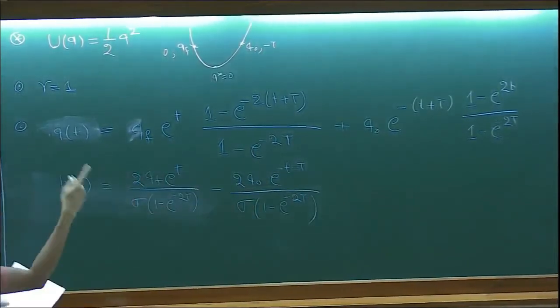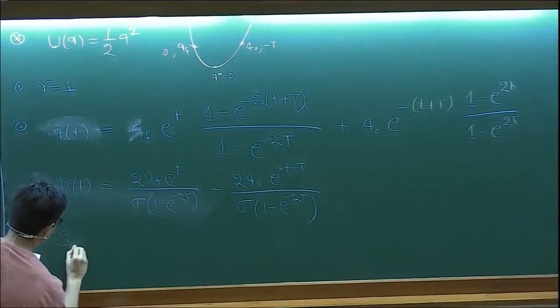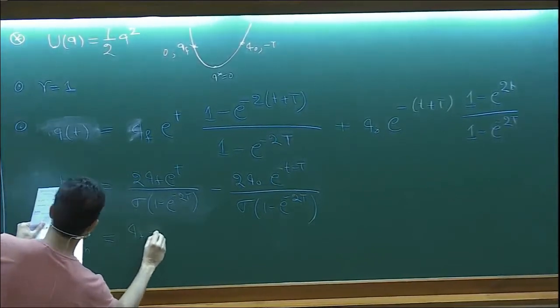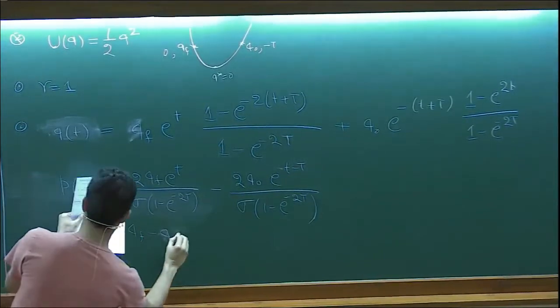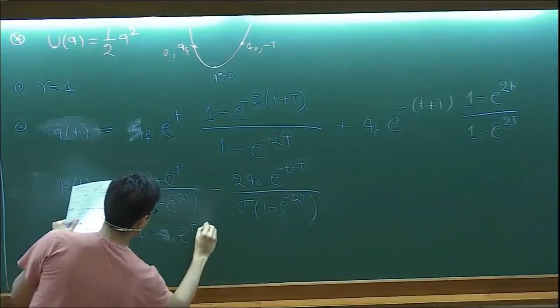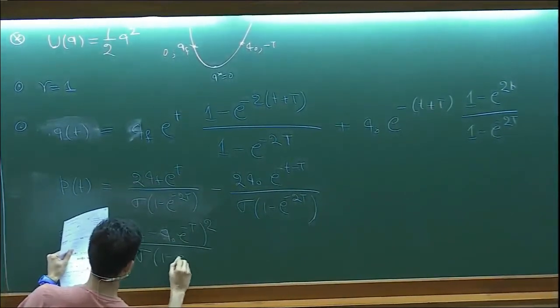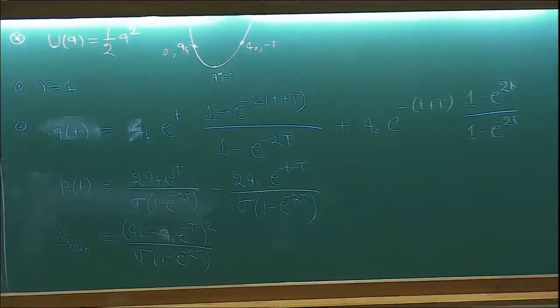And if I put it in the action, the corresponding one, the minimal action S min, would simply be QF minus Q0, the place where I started, e to the power minus capital T, whole square, divided by sigma 1 minus 2 minus 2. Okay, let me give you some time to write this down.